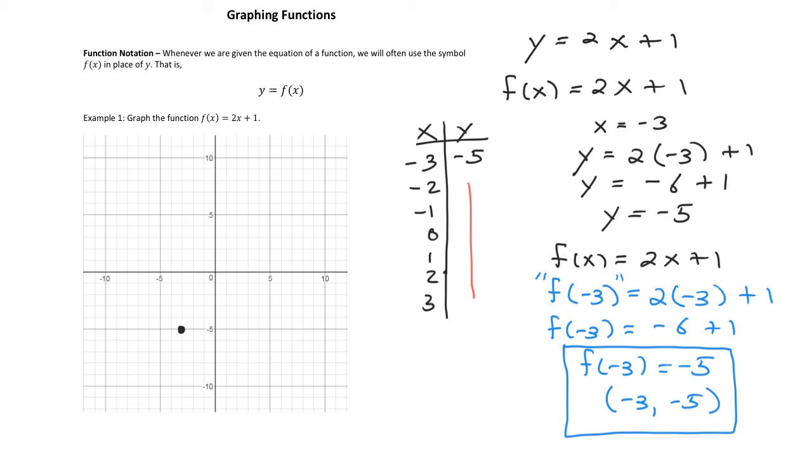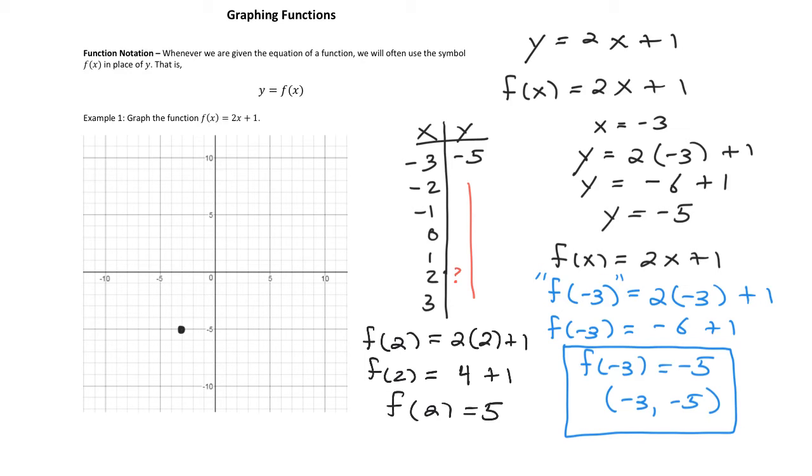So to figure out, well, what is happening at x is equal to 2, I'll go to my function. I will put 2 in place of x, which means it goes in place of every single x, and then I simply reduce the right side. So 2 times 2 is 4, and then 4 plus 1 is 5. This means if x is 2, y is equal to 5.